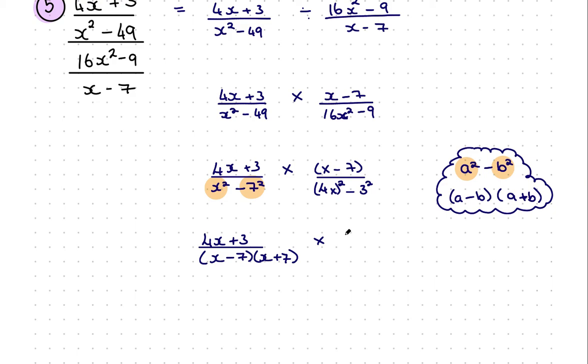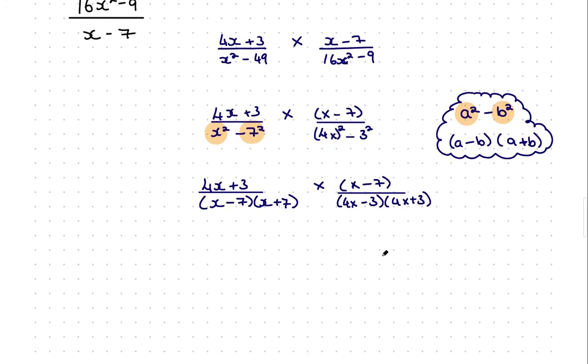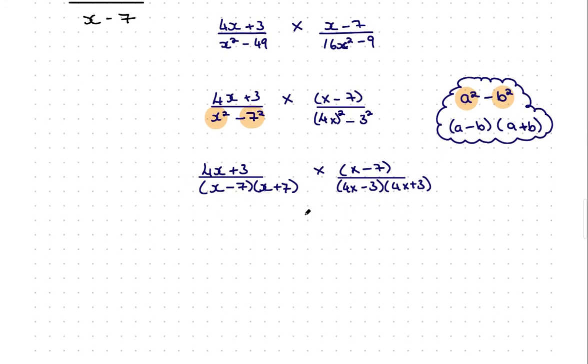Multiply that then by x minus 7. Okay, that's unchanged. I'm not doing anything to it, so I'm going to keep it the same. And I'm going to have, again, a square number take away another square number, my a and my b. So I'm going to have 4x minus 3, 4x plus 3. And what you can see then is we're going to multiply. And how do you multiply fractions?